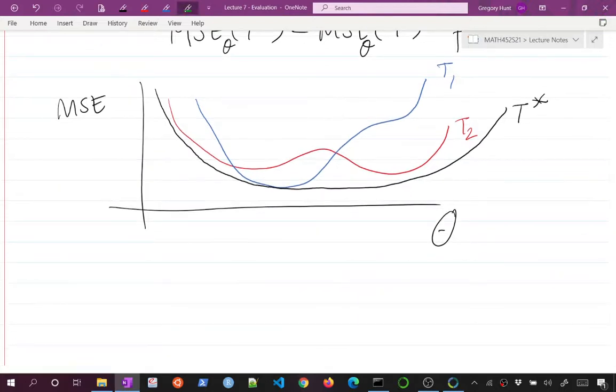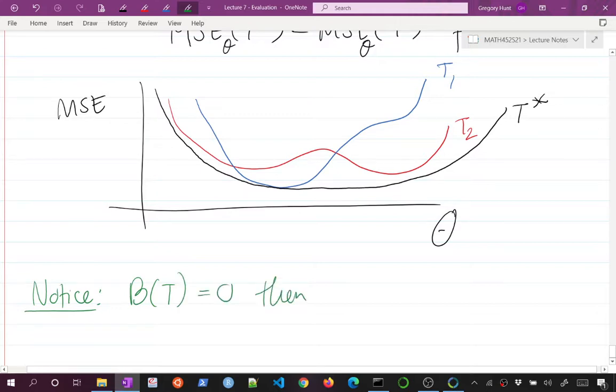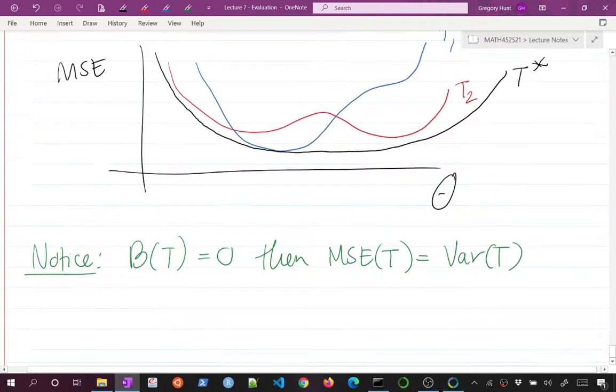Notice in this case that if the bias of, let's say, T star, or in general any T, is 0, then the MSE, according to our formula, is the same thing as the variance, because it's the variance plus the squared bias. The bias is 0, so the MSE is the variance.